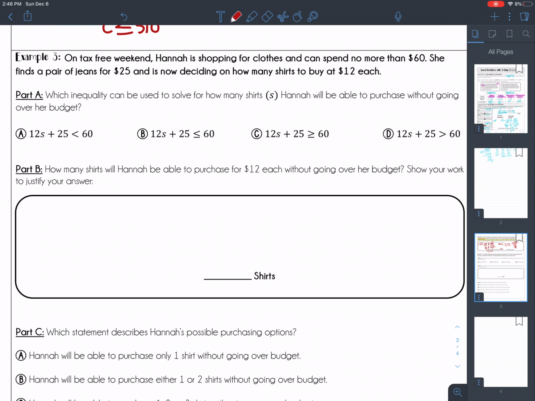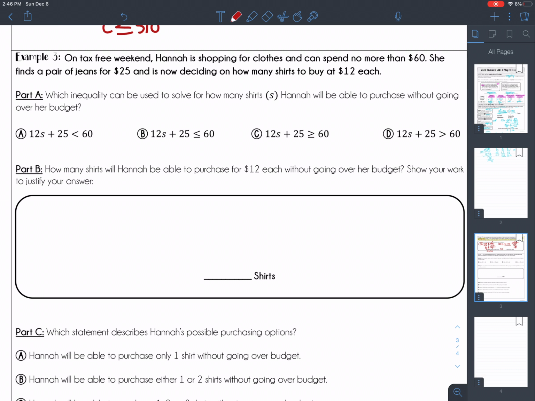On tax-free weekend, Hannah is shopping for clothes and can spend no more than $60. She finds a pair of jeans for $25 and is now deciding on how many shirts to buy at $12 each. Which inequality can be used to solve for how many shirts Hannah will be able to purchase without going over her budget?